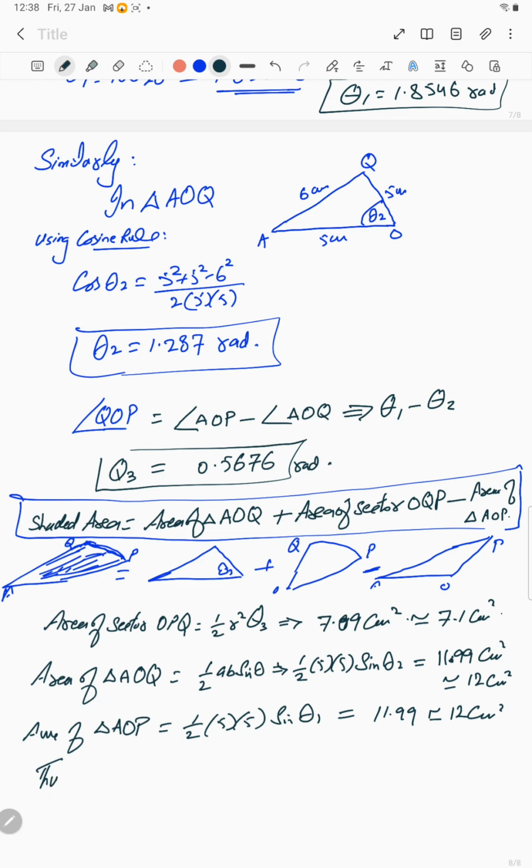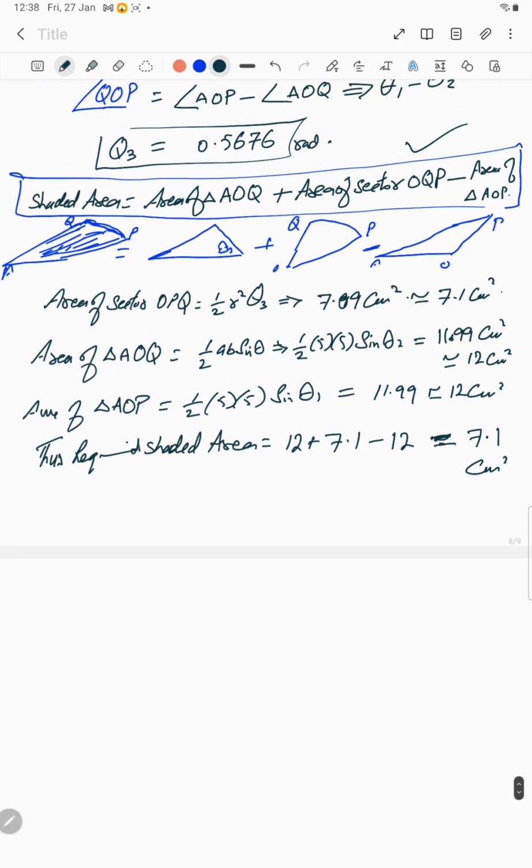So thus required shaded area will be, according to this rule, area of AOQ, this is 12 plus then 7.1 minus 12, that give me 7.1 centimeter square. This was the shaded area.